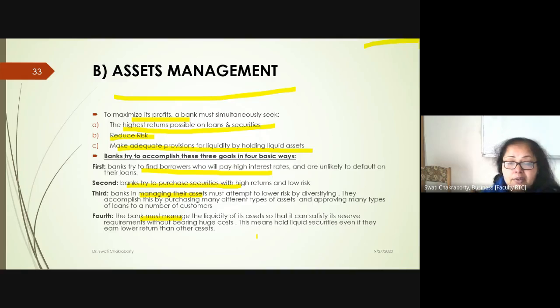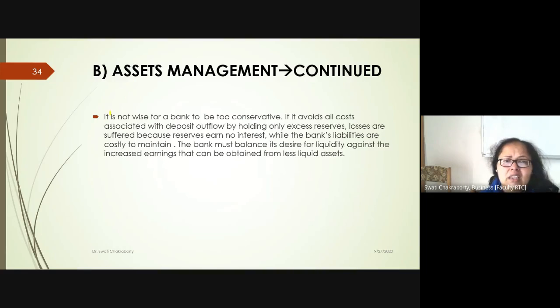But it's not wise for a bank to be too conservative, right? If it avoids all costs related to deposit outflow by holding only excess reserves, losses are suffered. Why? Because reserves do not earn any interest. On the other hand, bank liabilities are costly to maintain. So the bank must actually balance.